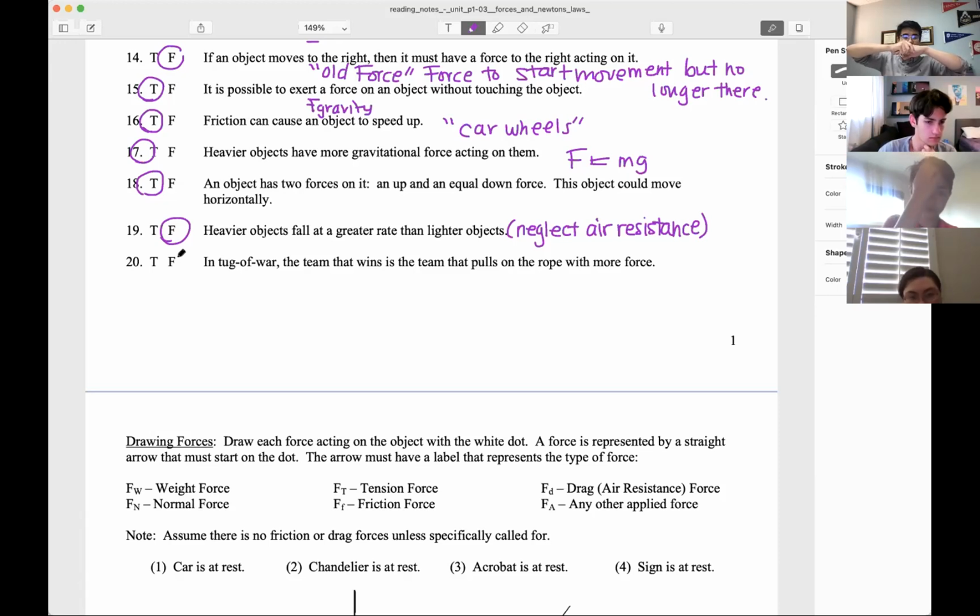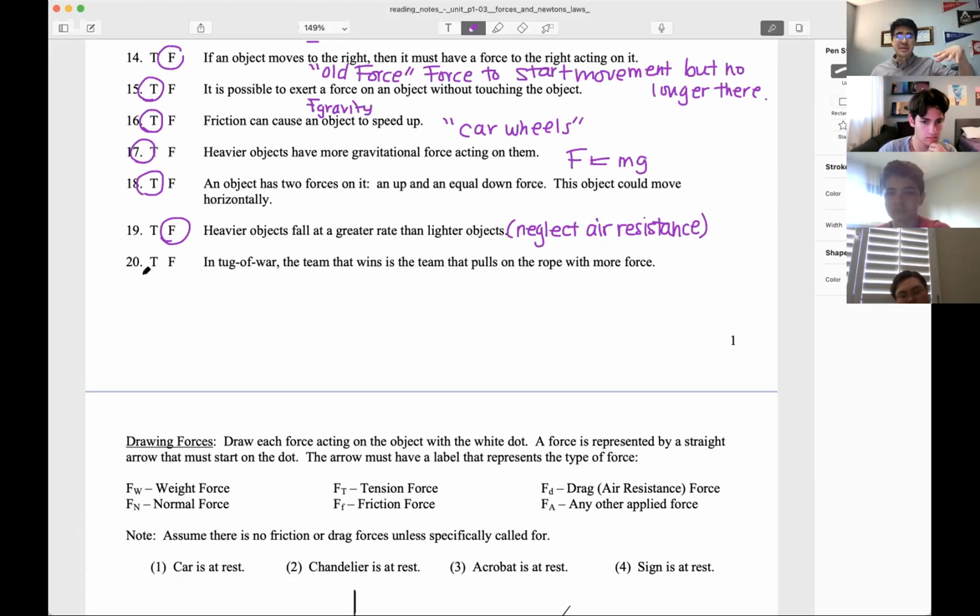What if one team pulls and the other team technically lets go by accident or loses friction? So it doesn't necessarily have to do with pulling. Or what if friction causes them to fall over? You're not wrong, but there's a bunch of other scenarios that don't make this 100% true.